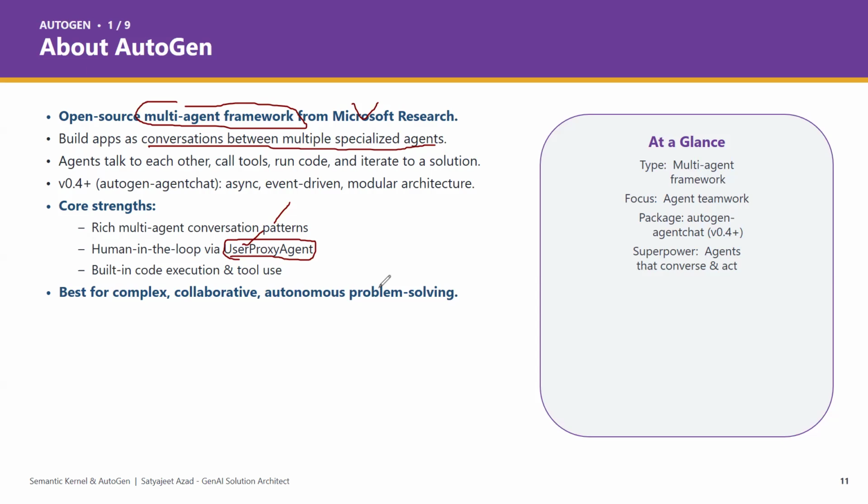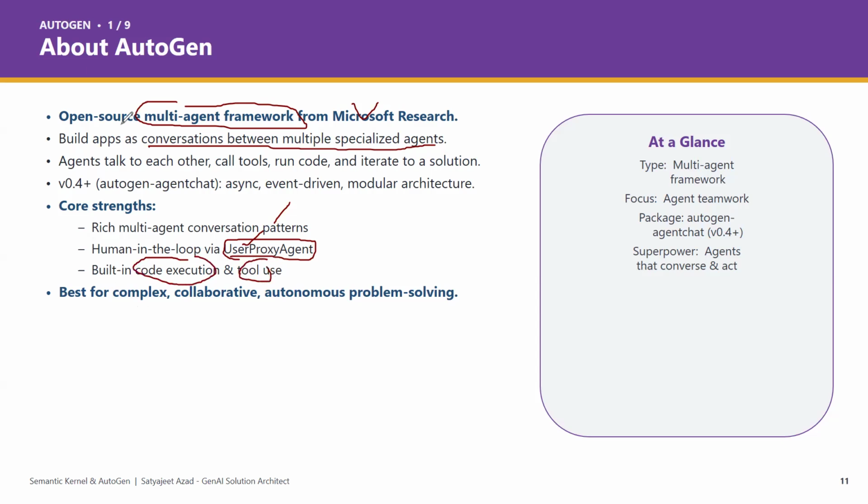A lot of agents work on the autonomous part, but if you give full autonomy to any of the agents, then again you have to think of the Noel Harari quote that I have mentioned, right? Also, they have a built-in code executor and tool use.